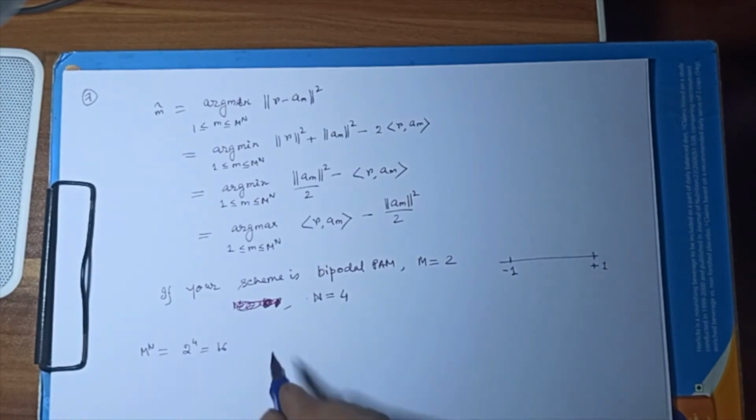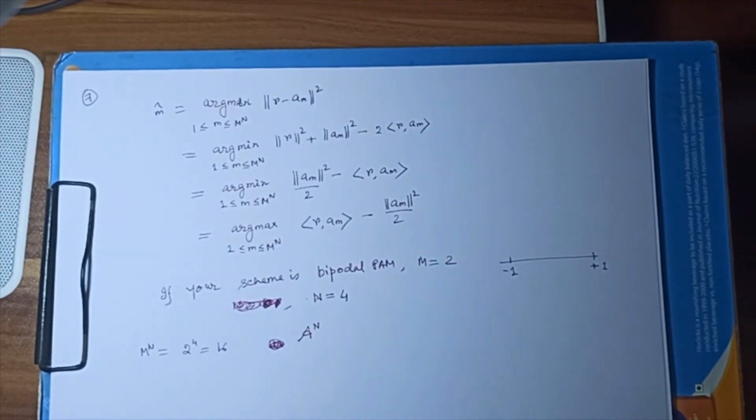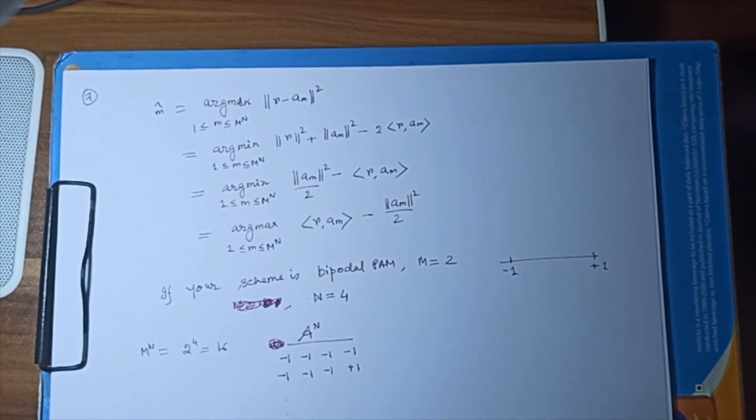The set of a_m, which is basically the alphabet to the power n, is this: -1, -1, -1, -1; -1, -1, -1, +1; this is just binary encoding, isn't it? Up to +1, +1, +1, +1.